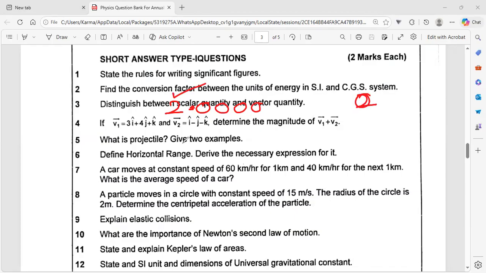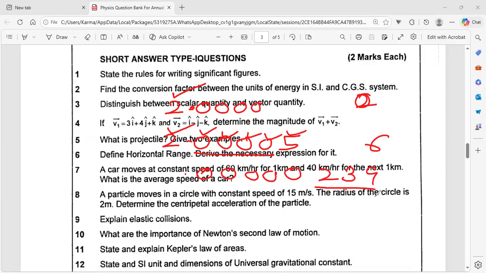But suppose it is 2.0005, then these zeros are counted. So 1, 2, 3, 4, 5, that is 5. Suppose there is no digit, 0.0000239. So only 3 decimal places... 3 digits are the significant digits.